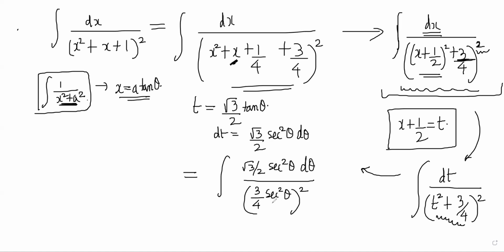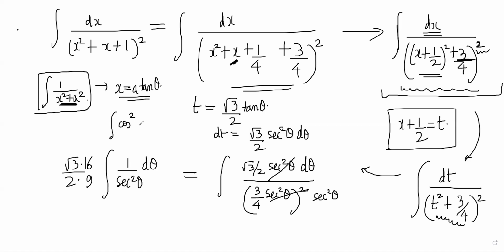Because here in the denominator there is sec to the power 4, the denominator becomes sec square theta after cancelling this. And you will get root 3 by 2 as a constant outside, and 9 by 16 outside, and you have the integral of 1 by sec square theta d theta, right? So that is the integral of cos square theta d theta.